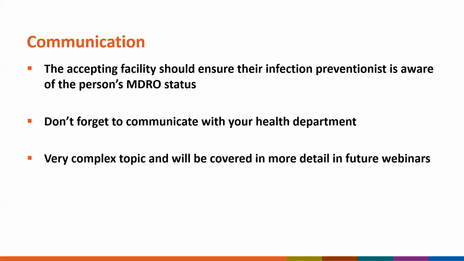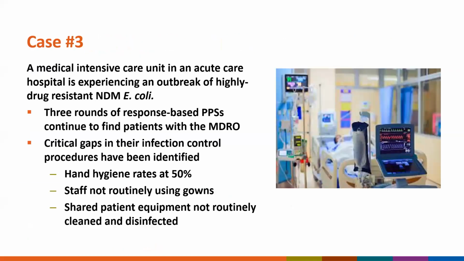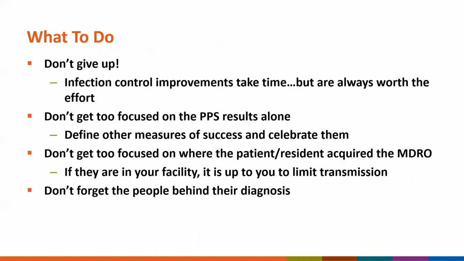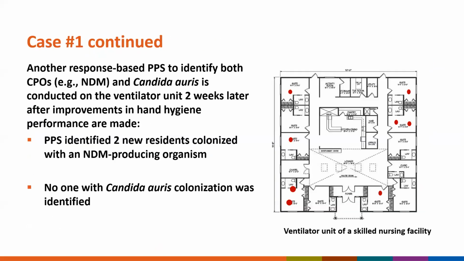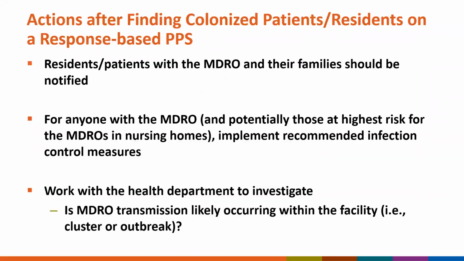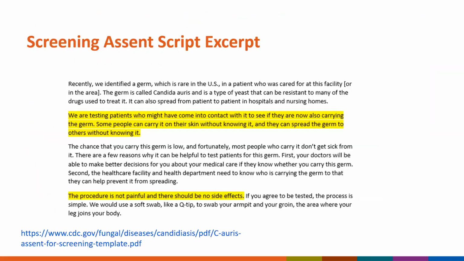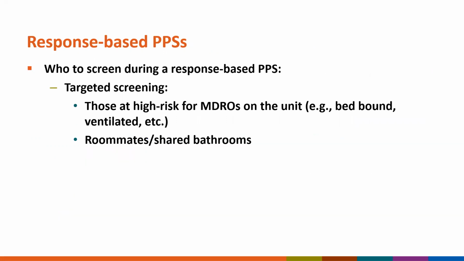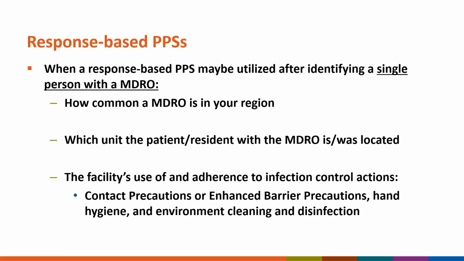Sometimes we do think that you should conduct a response-based PPS, even if you've just identified one case. Like in our case facility, they only identified one case of MDM, but that's because this was a VSNF, right? That could have had a lot of people who could become colonized with it.